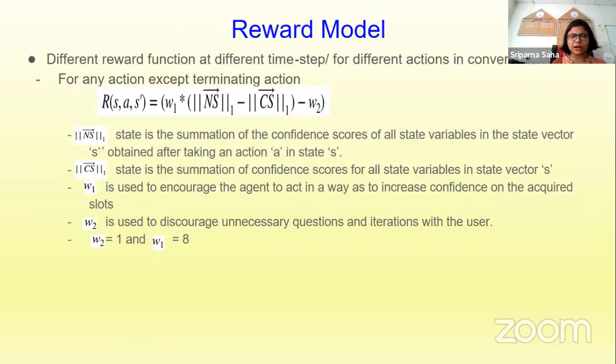Now the user has uttered something, and there are more slots present in the user's utterance. So NS is the confidence score of those slot values, and CS was the original confidence scores.